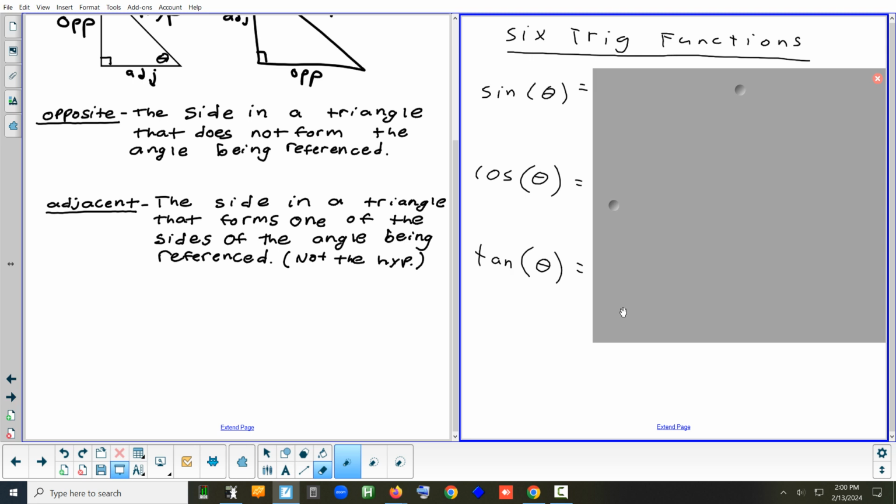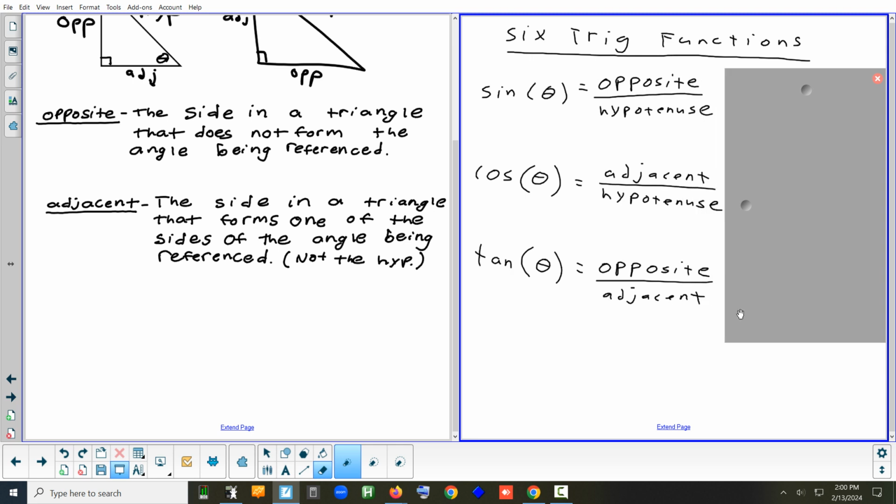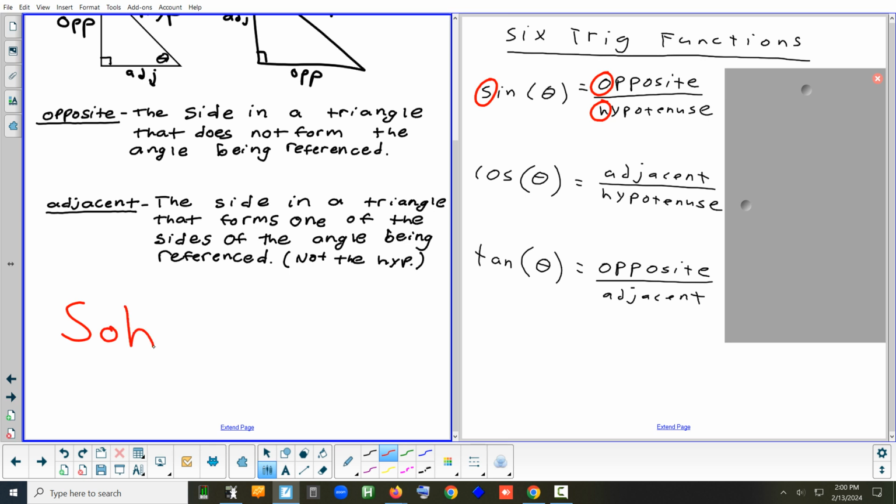Now, first of all, each trig function is going to be a fraction. It's going to be a fraction of one side of the triangle divided by another side. For sine, it's the length of the opposite divided by the hypotenuse. Some people might have heard this before: sine is opposite over hypotenuse.